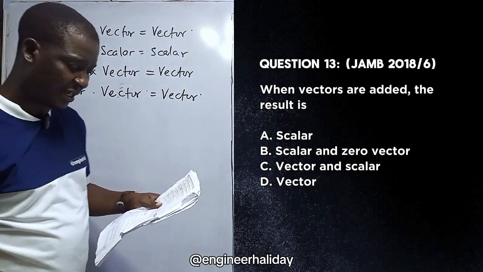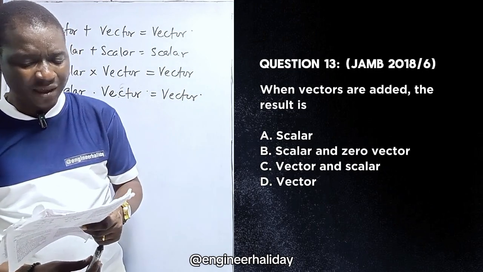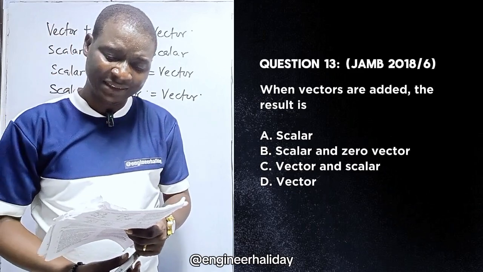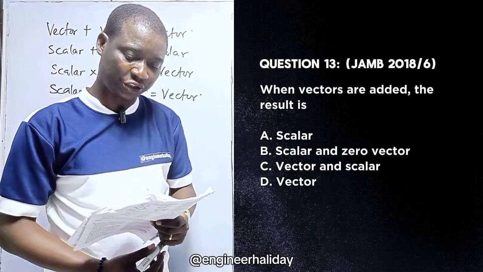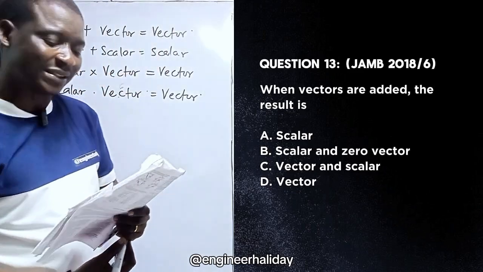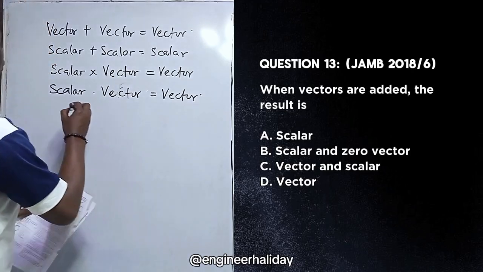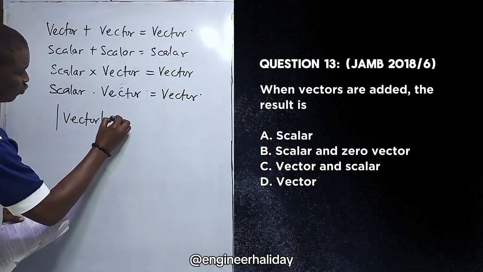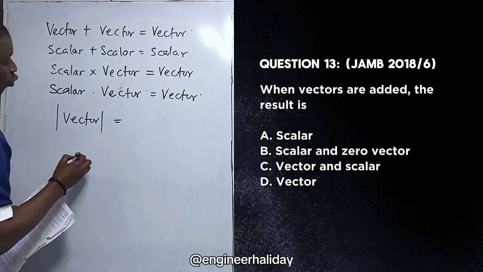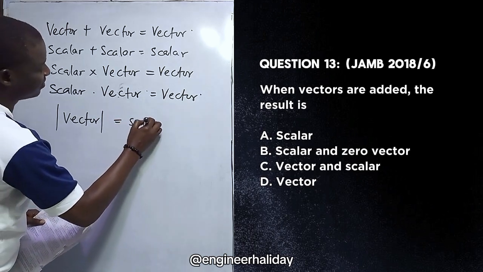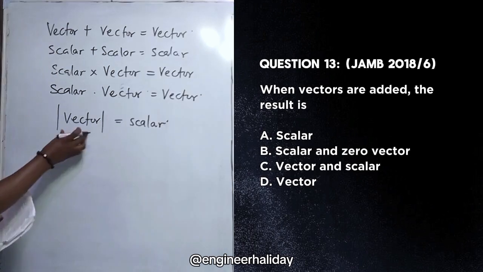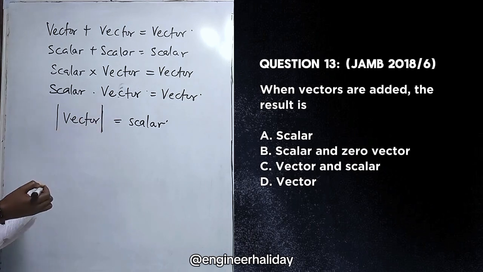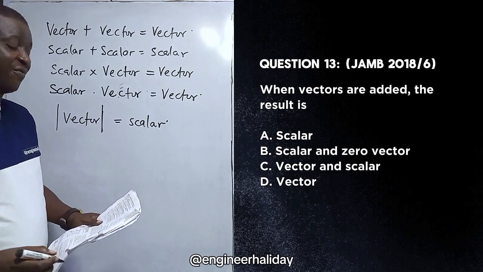Basically, in this case now, they ask number 13: when vectors are added, the result is dash. The result is a vector. Take note of that. When you take the magnitude of a vector quantity, all you have is a scalar. The absolute sign means the magnitude of that vector.